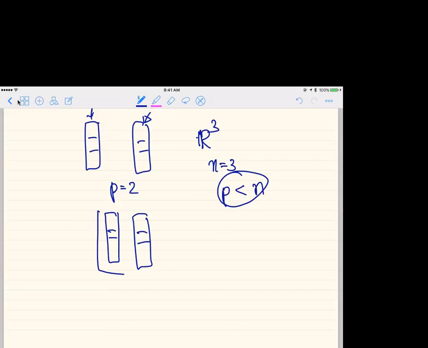So the question is, I will give you these two vectors in three-dimensional space. Are they always linearly independent, or are they always linearly dependent?